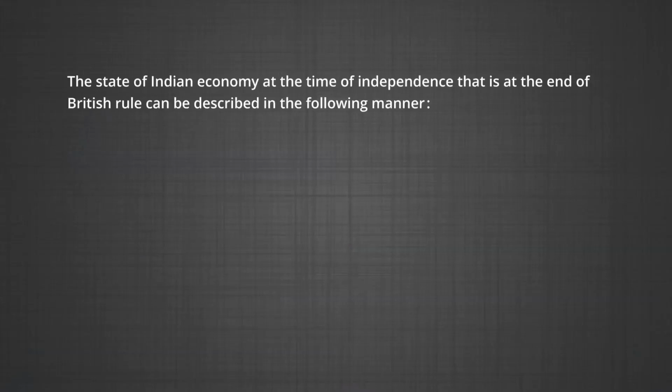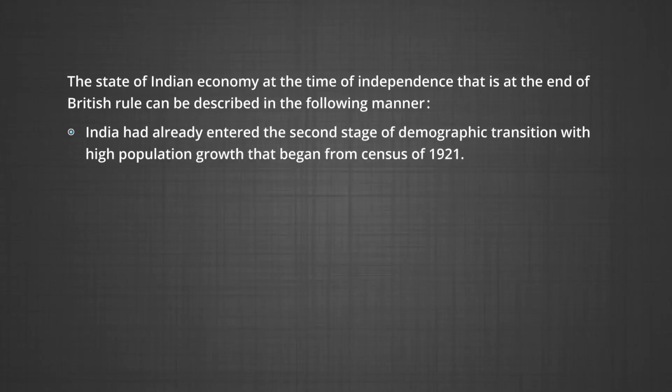Finally, let us summarize whatever we have discussed so far. The state of the Indian economy at the time of independence, that is, at the end of British rule, can be described in the following manner. Number 1, India had already entered the second stage of demographic transition with high population growth that began from the census of 1921.